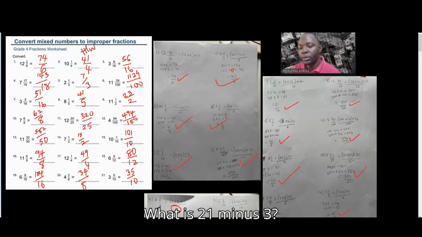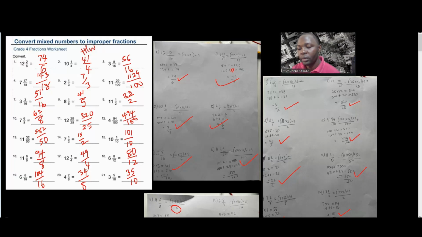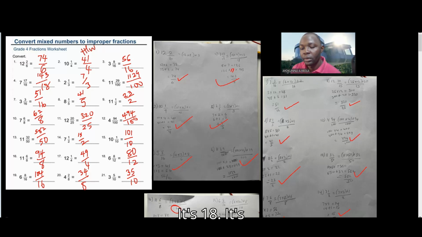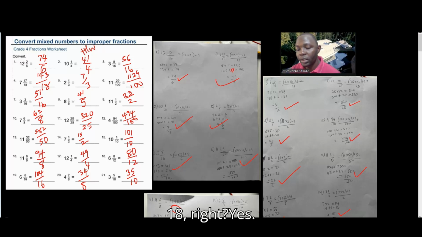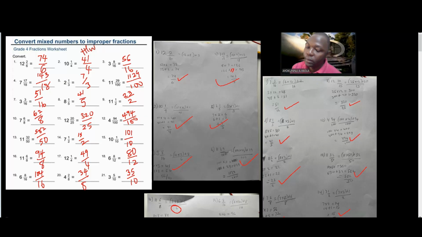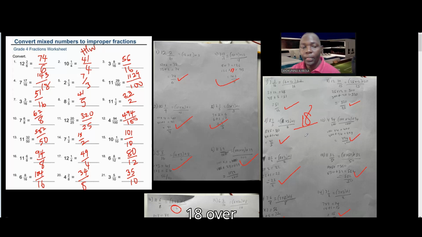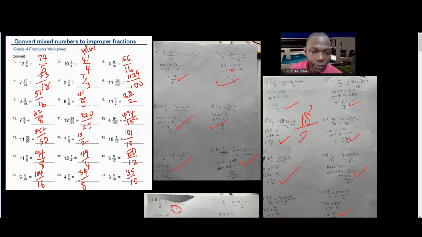What is 21 minus 3? It's 18, right? Yes. Okay. 18 over 21.